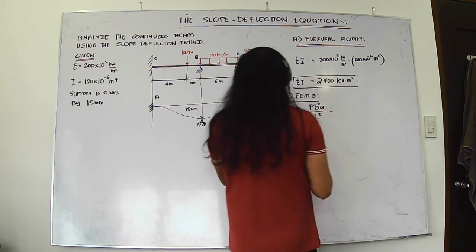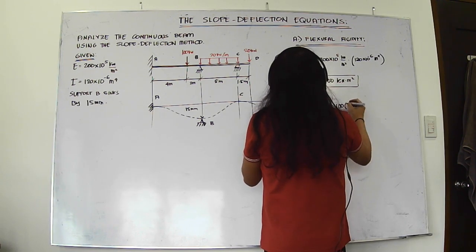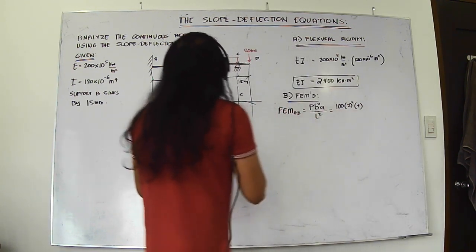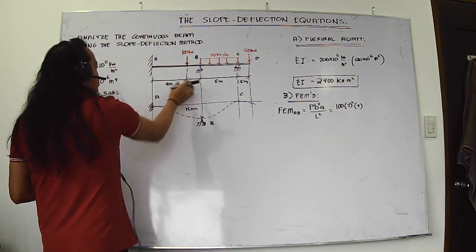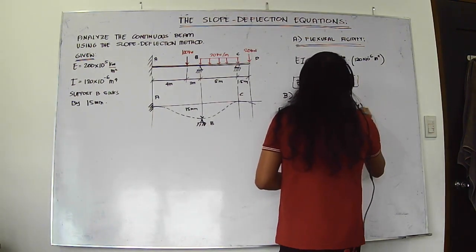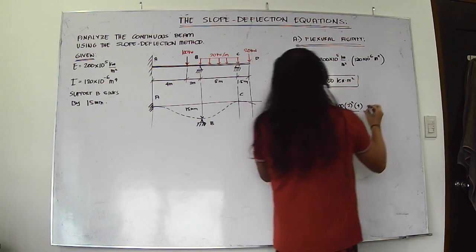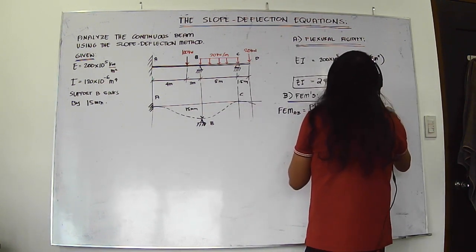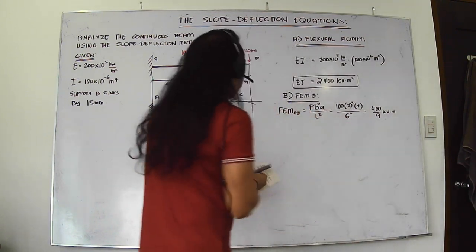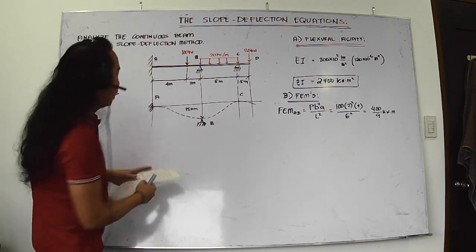So FEM AB is equal to 100 times 2 squared times 4, over L, which is 6 squared. That is equal to 400 over 9 kilonewton meters. It is positive because the rotation is counterclockwise.